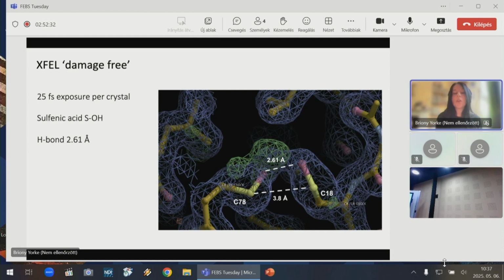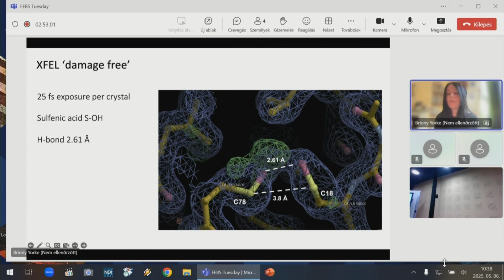In our structures that contain no glutathione, we don't see this. And we think that's due to that expansion of the N-terminal domain and the movement of the tyrosine. So we're currently thinking of these being sulfenic acid and a potential hydrogen bond forming between the oxygen group here and the OH group here.